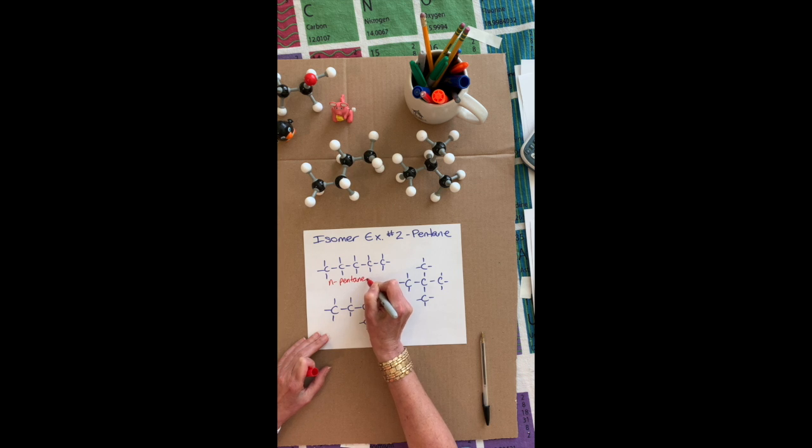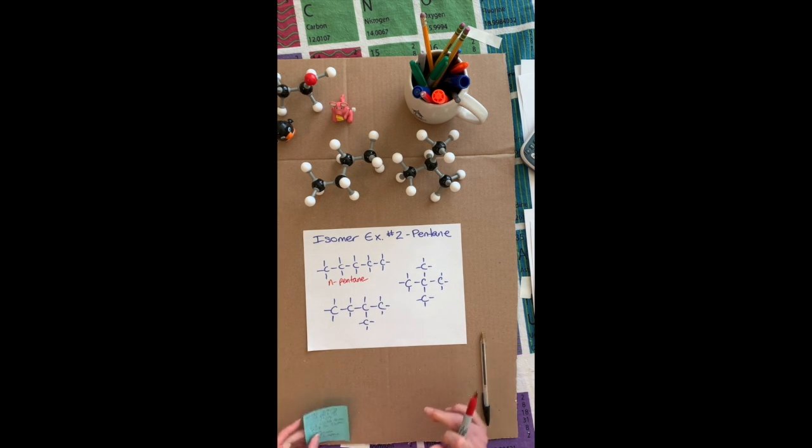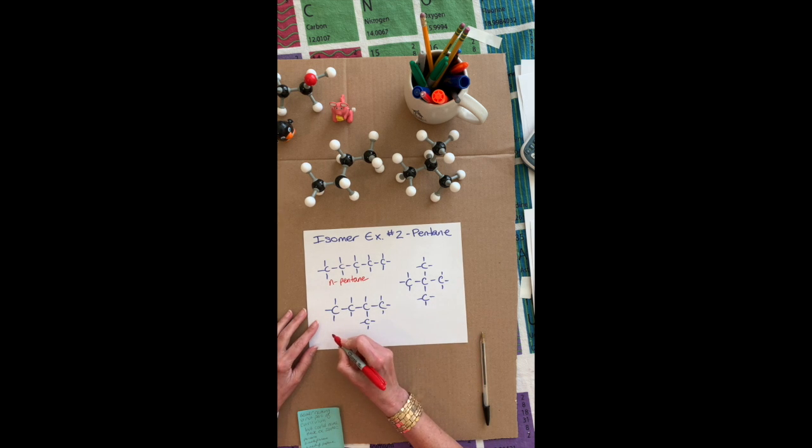The other examples here, we have a carbon that can come off, a methyl group coming off of this 4 carbon backbone. And our traditional naming for this, we would call this 2-methylbutane.